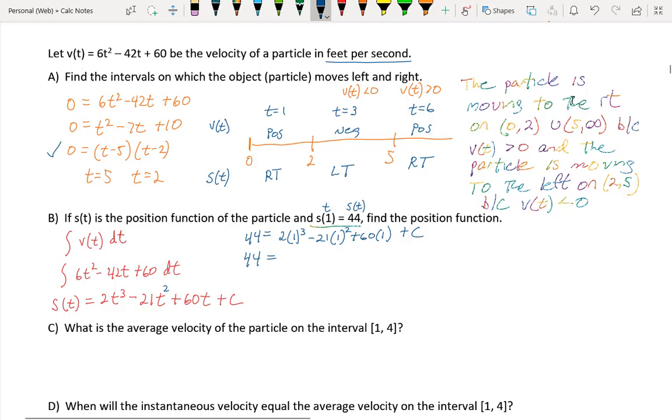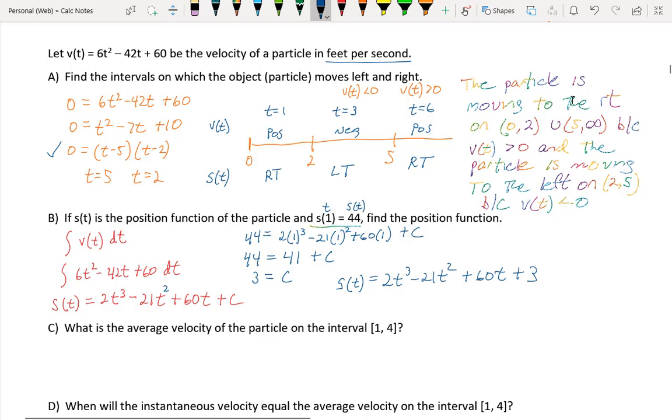Negative 19 plus 60 is going to be 41 plus c. Subtract 41 on both sides, and you get c equal to 3. Now, technically, in order to find the position function, we have to write the whole thing out again. s of t equals 2t cubed minus 21t squared, we'll remember the squared this time, plus 60t plus 3. There's your position function, just like our last unit right there.